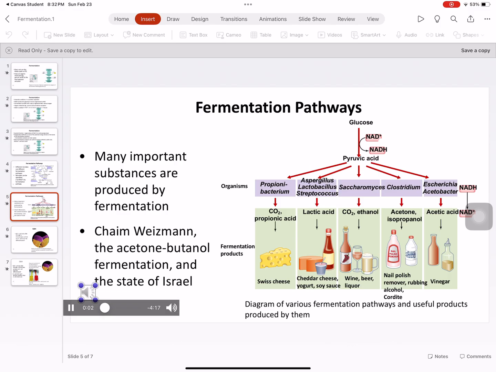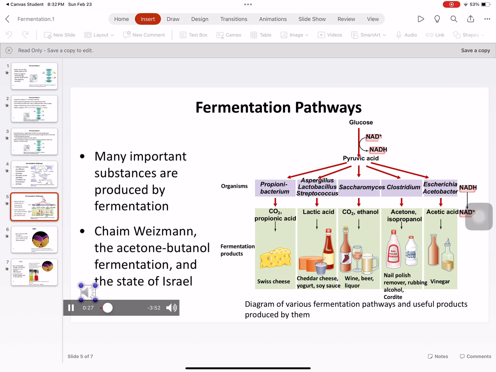We noted also earlier that many fermentation products are useful to humans, so many important substances are produced by fermentation. And our figure shows the organisms that do certain fermentations and the products that are made.